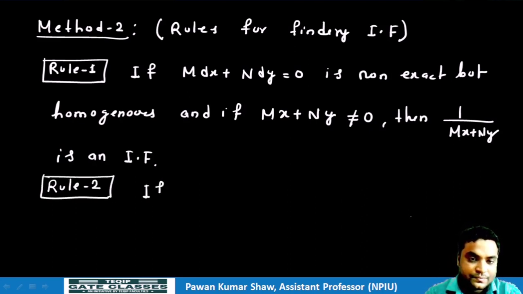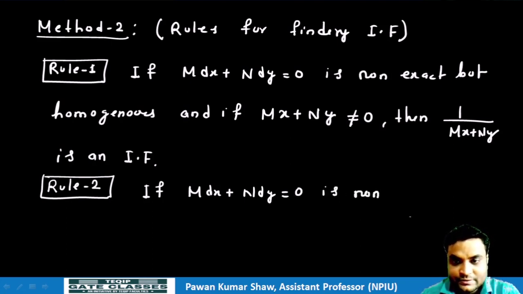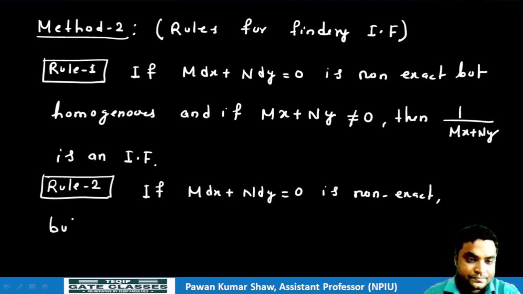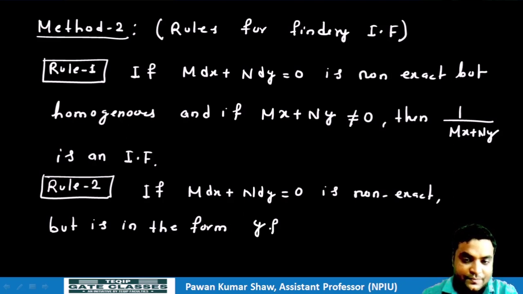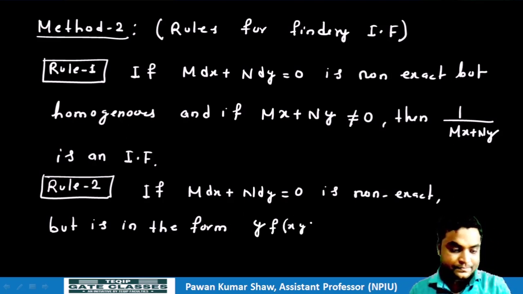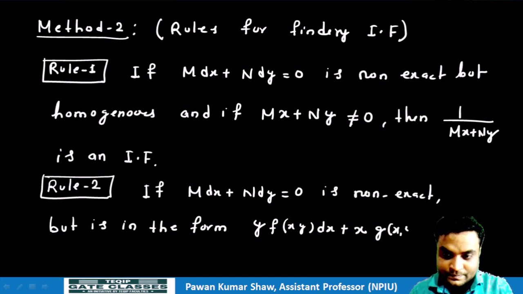Rule 2: suppose M dx plus N dy equal to 0 is non-exact, but we can write it in a special form, like y times some function of xy dx plus x times some other function of xy dy equal to 0.